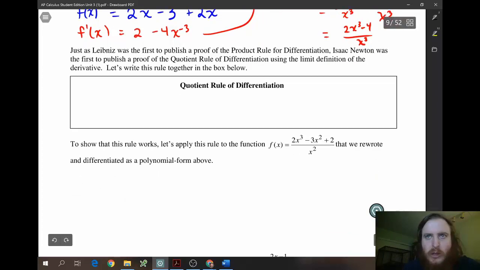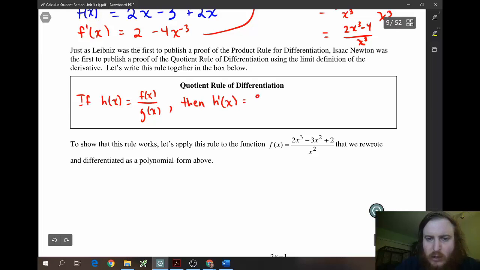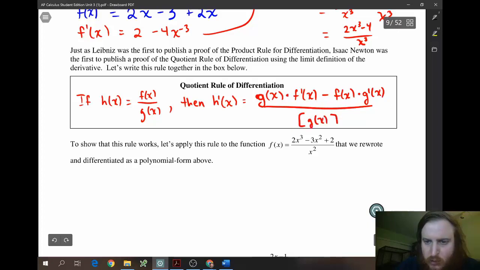So we use his definition still today, and that's that if h of x equals f of x over g of x, then h prime of x equals, and this one's a little bit weird, g of x times f prime of x minus f of x times g prime of x, all divided by g of x all squared.